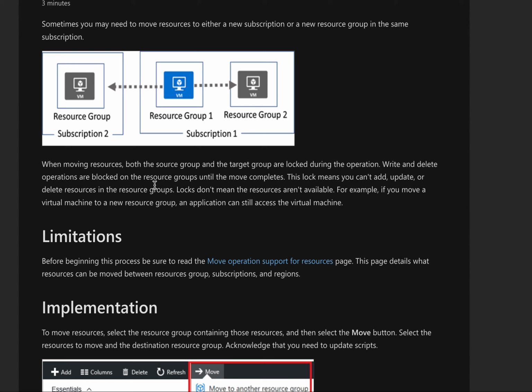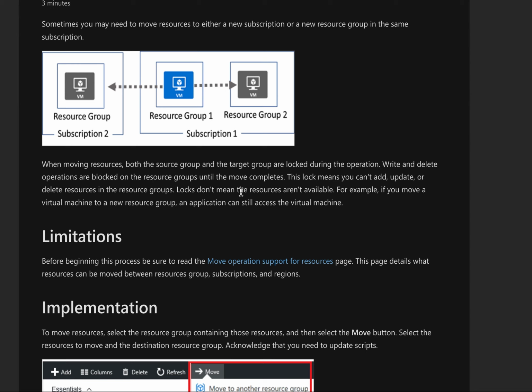And that is obviously really important, because we're moving stuff around. During the process of moving, we shouldn't be writing or deleting stuff from either the source or the destination. So definitely makes sense in that regard.